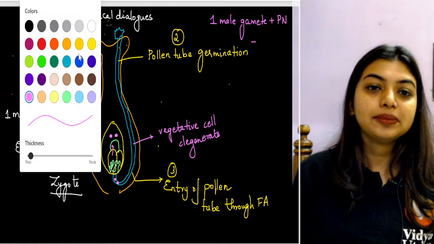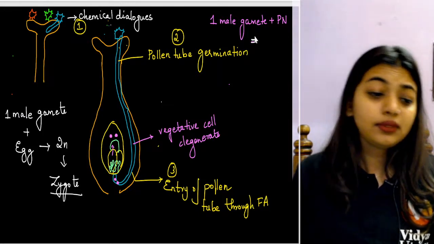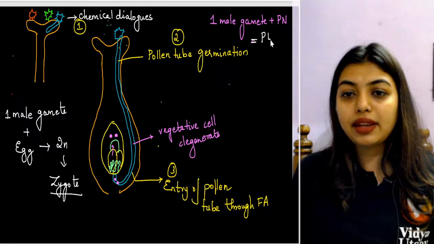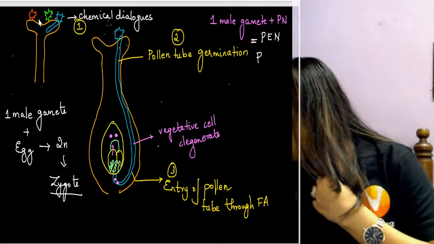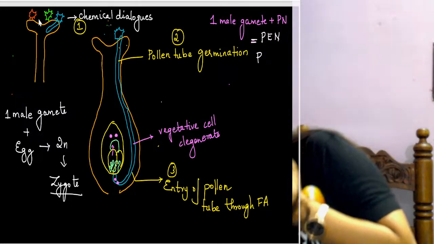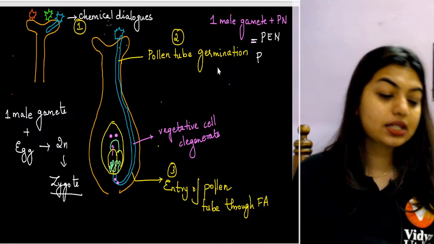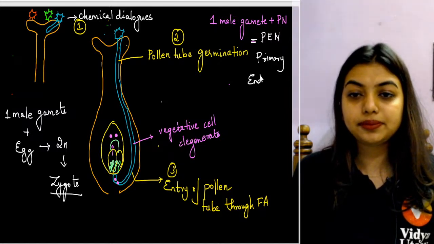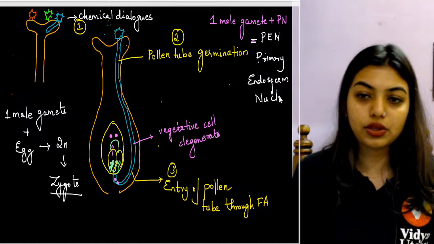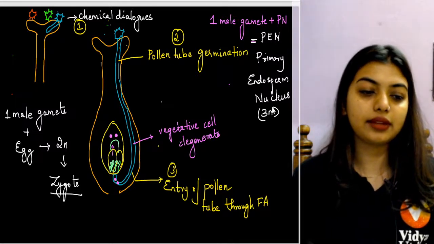So sorry, students. One male gamete is going to fuse with the polar nuclei to form what? It is going to form PEN, primary endosperm nucleus. This is going to be 3N.